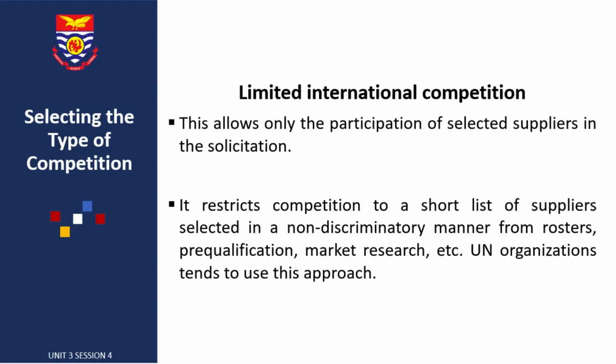So here we see that it restricts competition to a short list of suppliers selected in a non-discriminatory manner. So we could say that, okay, for this contract, through a non-discriminatory manner, we are choosing only women for this contract. So that is the limited international competition.